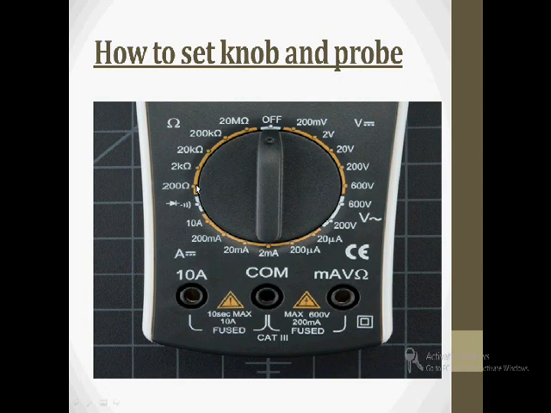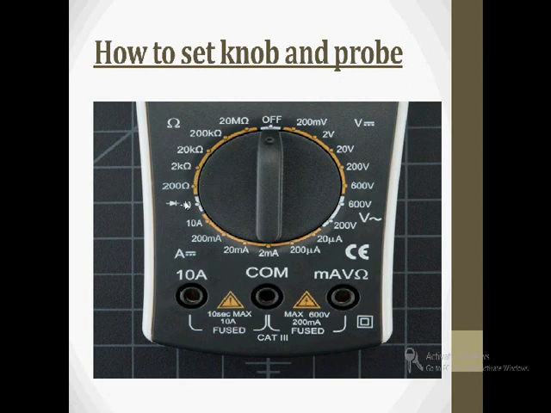When I select the 200 ohm and measure the resistance of that particular resistor, what will happen if that resistor value lies within 200 ohm? Then it will show some value. For example, it may show a value of 190 ohm, 180 ohm, 20 ohm.